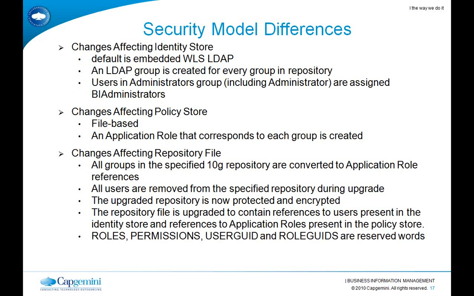You'll see them in there more for reference, for testing purposes and things like that, when you're dealing primarily with the development environment. And then there are some additional reserved words that they've added, such as your roles, which allows you to apply application roles, your permissions, the user GUID file, as well as the role, and these are coming about from the relationship.